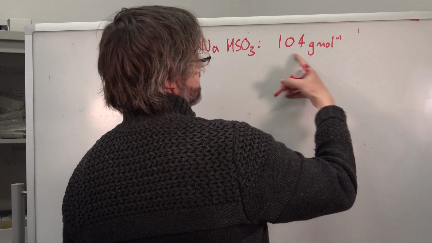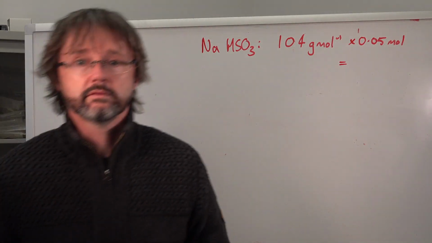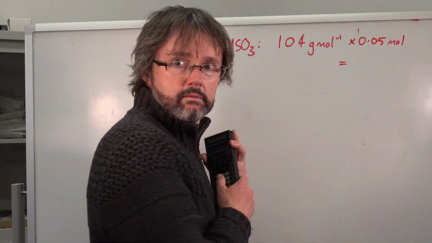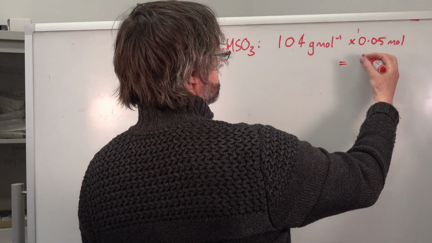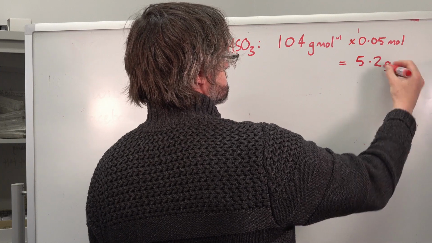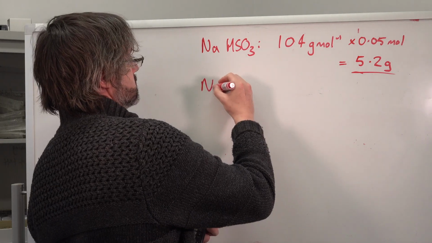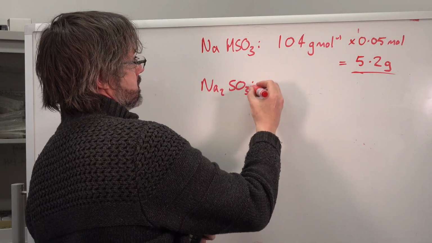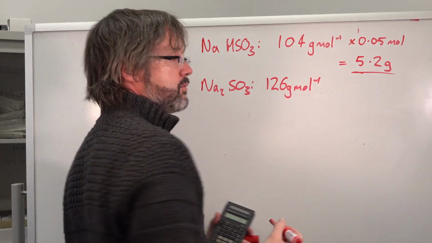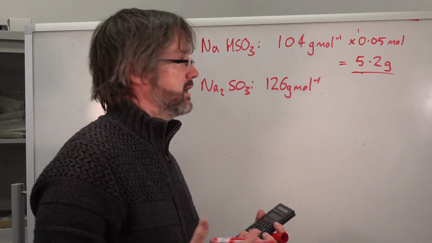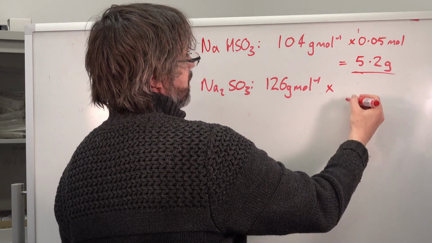So I just multiply this number by how many moles I want. And I'm going to do that in my head. That comes out as 5.2 grams. Now for my sodium sulfite, that's 126 grams per mole. 126 grams for every mole, but I want 1/10 of the number of moles.